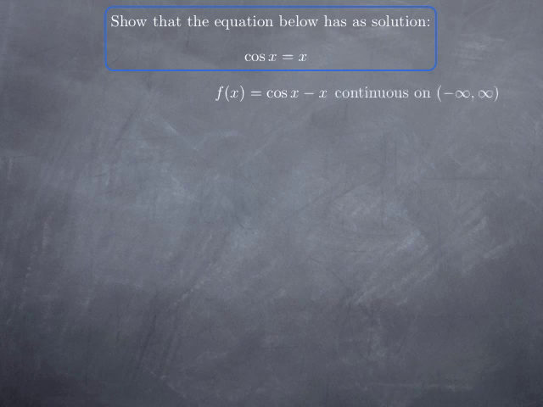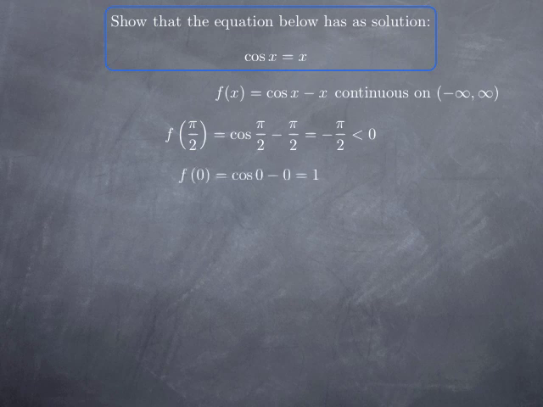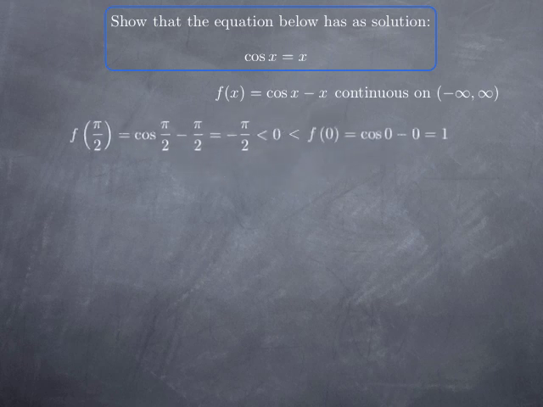This function is continuous on the real line, and we can observe that, for instance, at pi over 2, the function takes a value negative pi over 2, therefore a negative value. And similarly at 0, the function takes a value 1, a positive value. Therefore, 0 is between f(0) and f(pi/2).